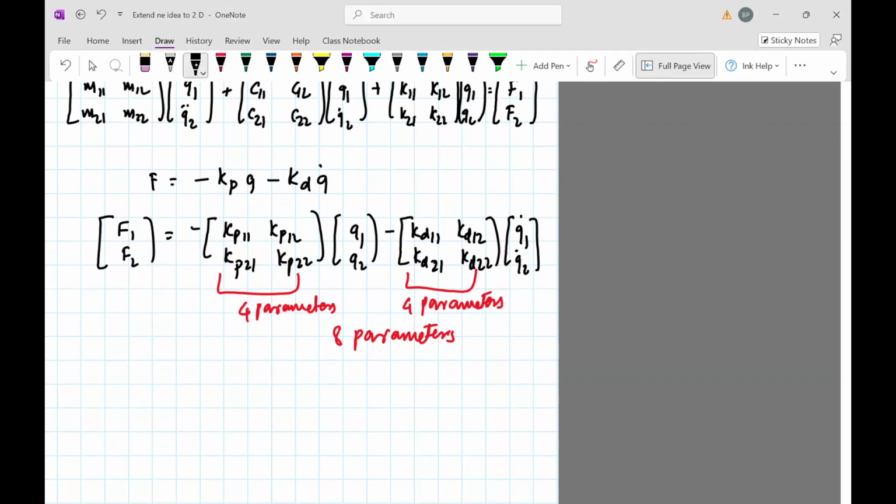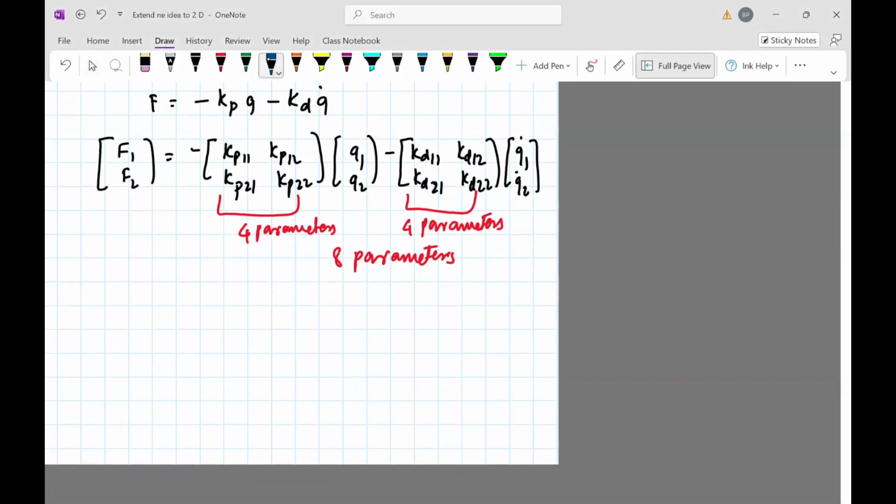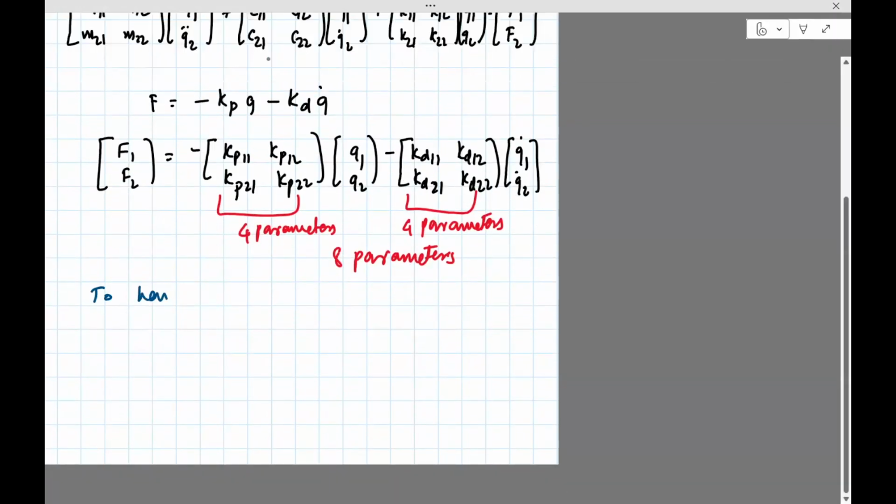But the question is, when you're solving for parameters, you need equations or conditions under which those things are true, right? So to have a critically damped system, we'll have two psis, psi1, psi2.